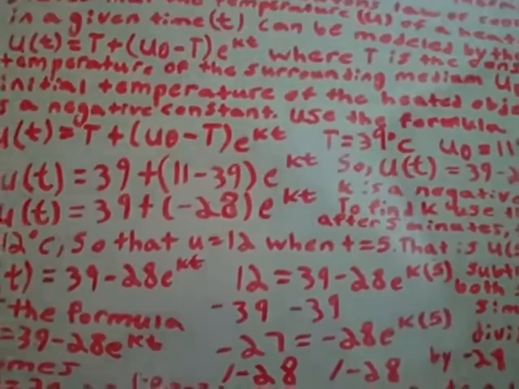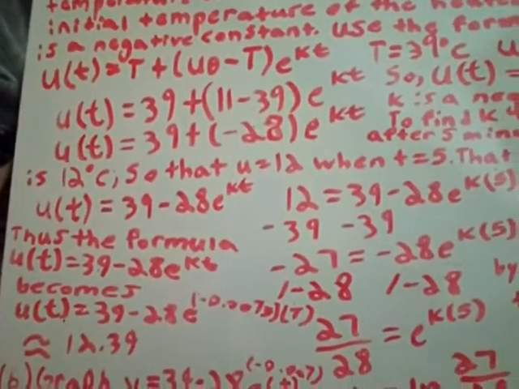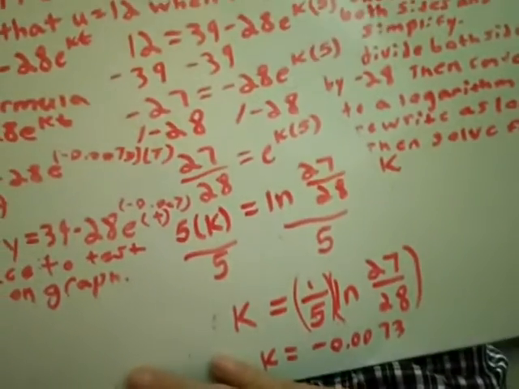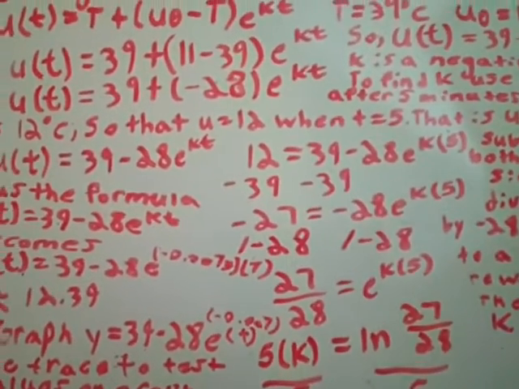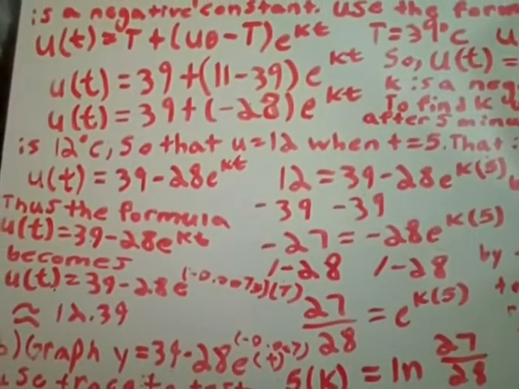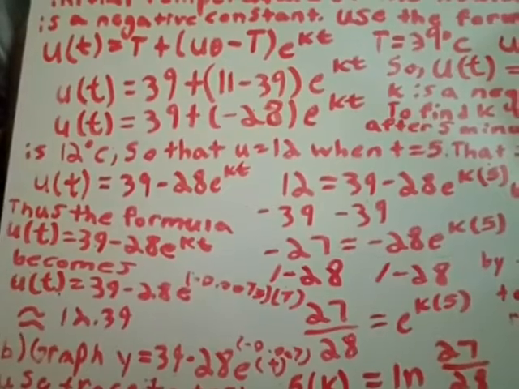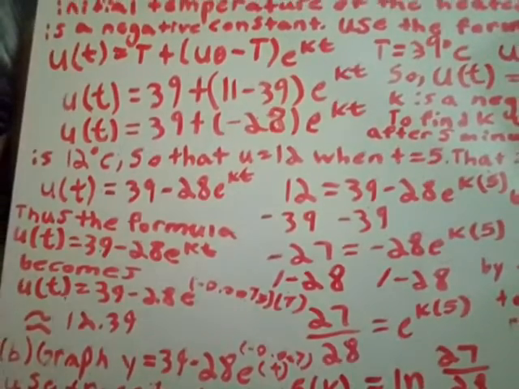Now that I have the k value, the next question is going to ask me to plug in values into the formula. Now I just have to plug in values for time, t. Let's see, what's the question?